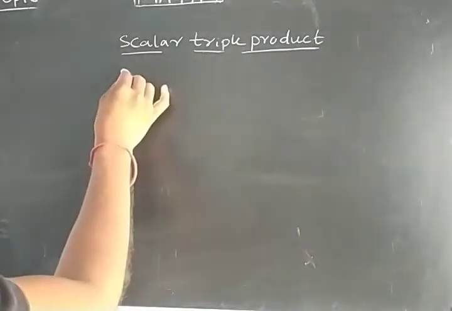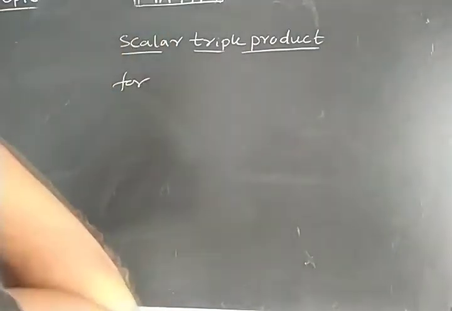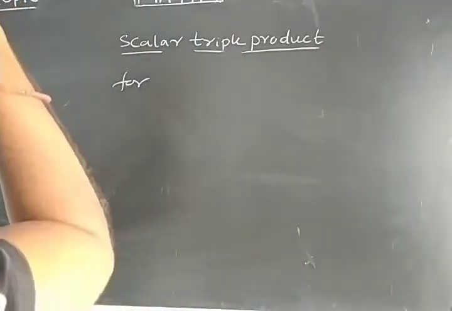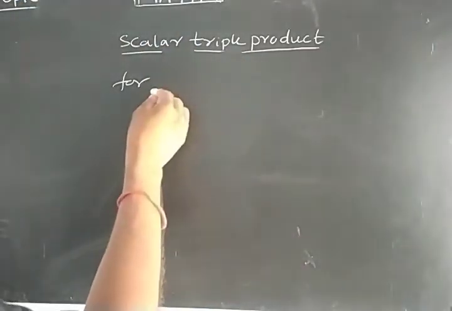First of all, let us write the definition. What is the scalar triple product of vectors?